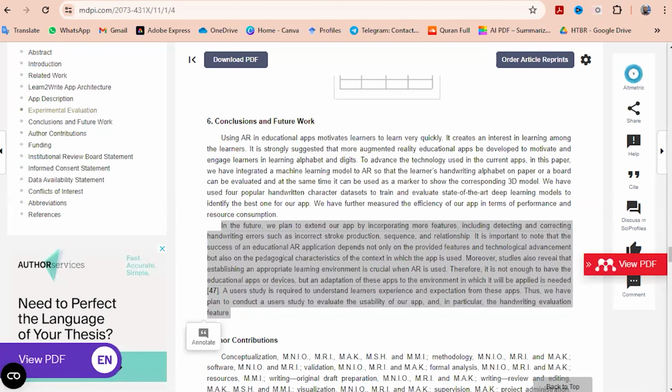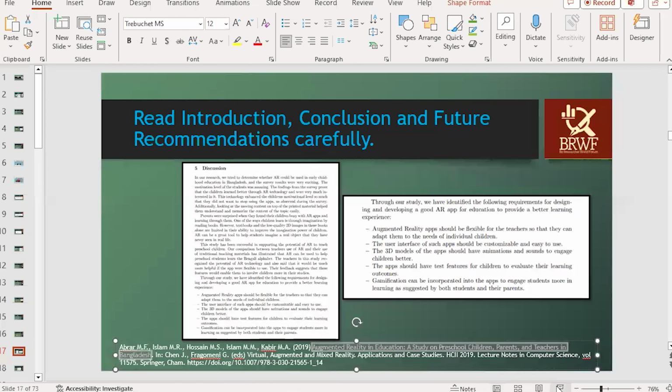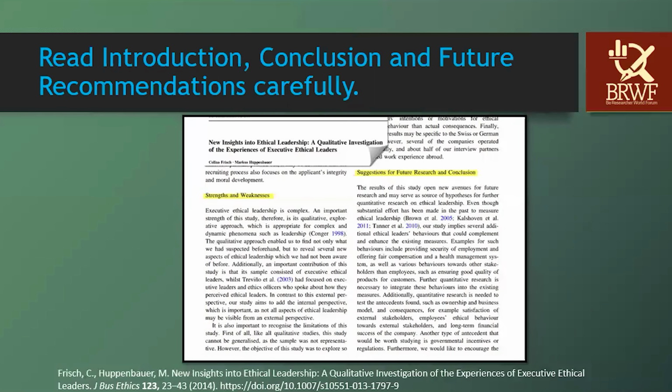Yes, sir. That's the issue. You should study the conclusion and introduction sections as well. See here in another paper, New Insights into Ethical Leadership, a qualitative investigation of the experiences of executive ethical leaders.